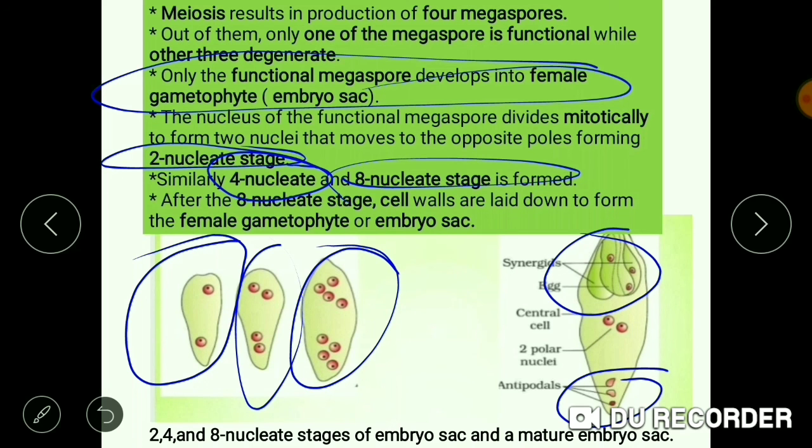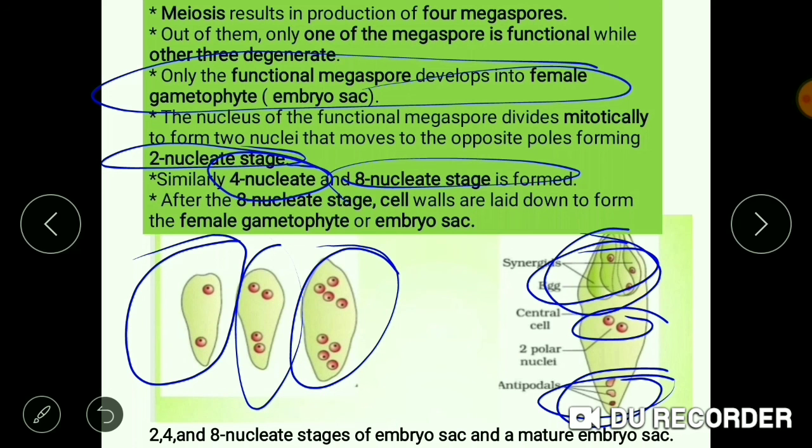Only 2 nuclei remain at the center. Amongst these, 3 nuclei move towards the micropylar end and 3 towards the chalazal end. These nuclei develop cell wall, while the 2 nuclei present at the center do not develop cell wall at all.